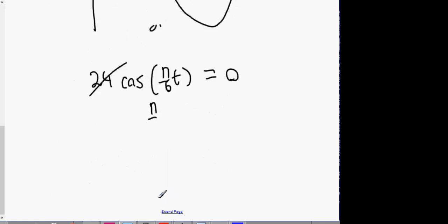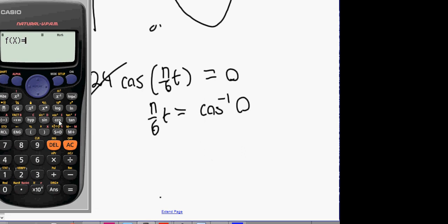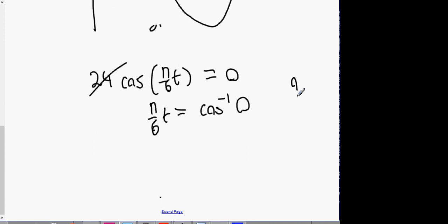Pi over 6t equals cos inverse 0. Now when is cos 0, lads, according to your tables? Cos inverse 0 occurs at 90 degrees. 90 degrees is pi over 2.